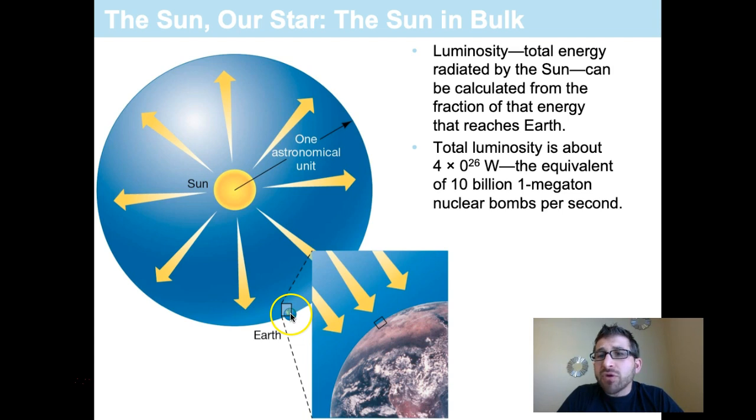So 10 billion 1 megaton nuclear bombs per second is quite a large amount of energy. Once again, if we could receive all of that sunlight and convert it into usable energy here on Earth, we would have a tremendous amount of energy to work with. So the solar panels on Earth's surface are a great means by which we could get a clean, free energy over time.